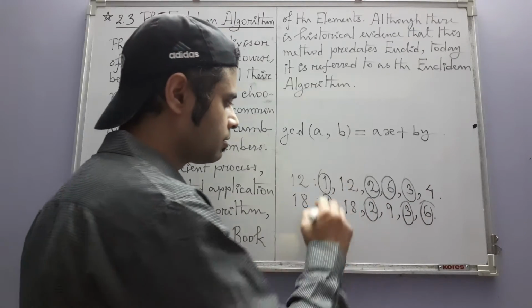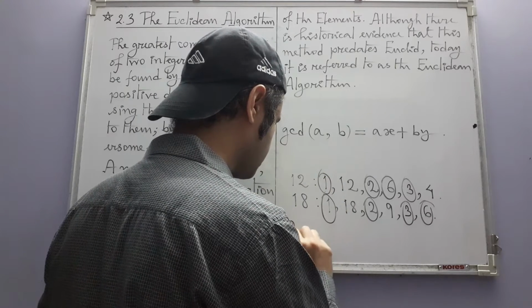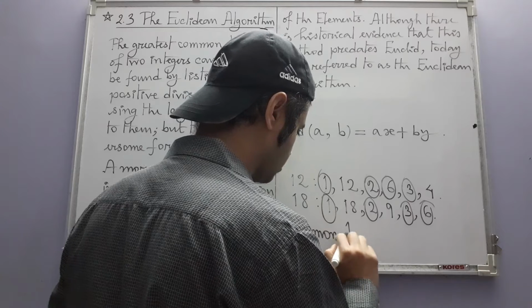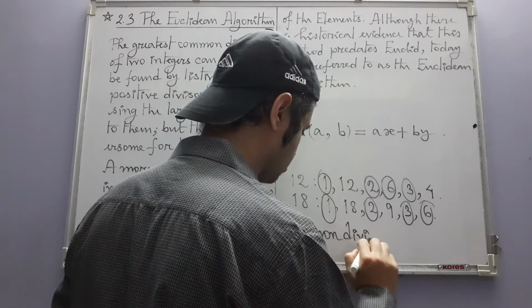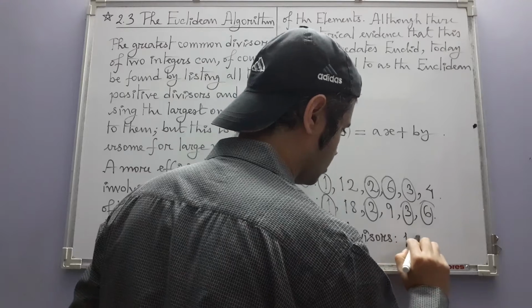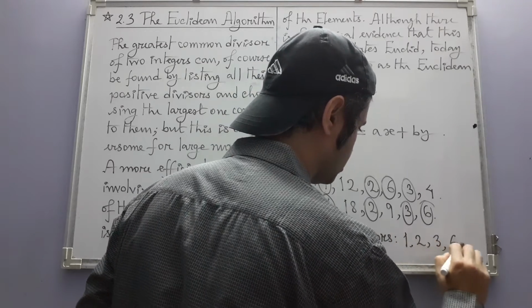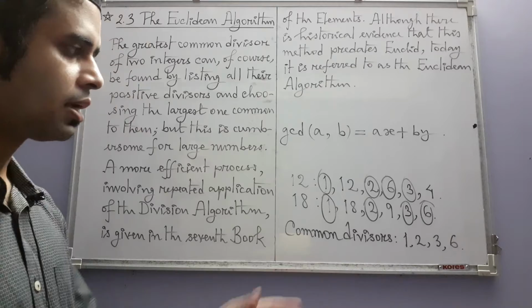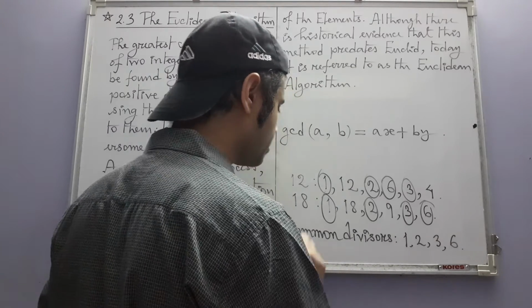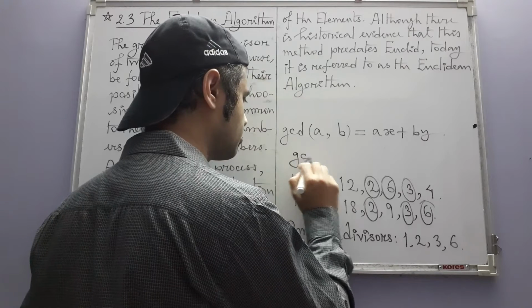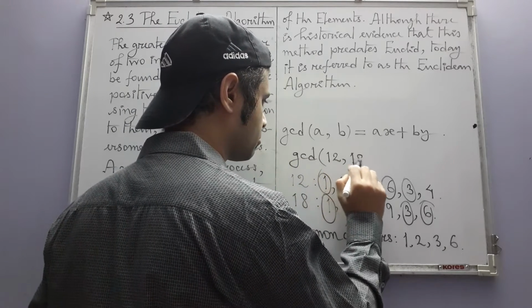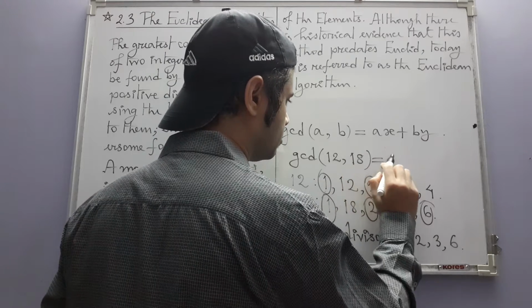So these are the common divisors: 1, 2, 3, 6. Among them, the largest one is 6. So, by the very definition of GCD, this is equal to 6.